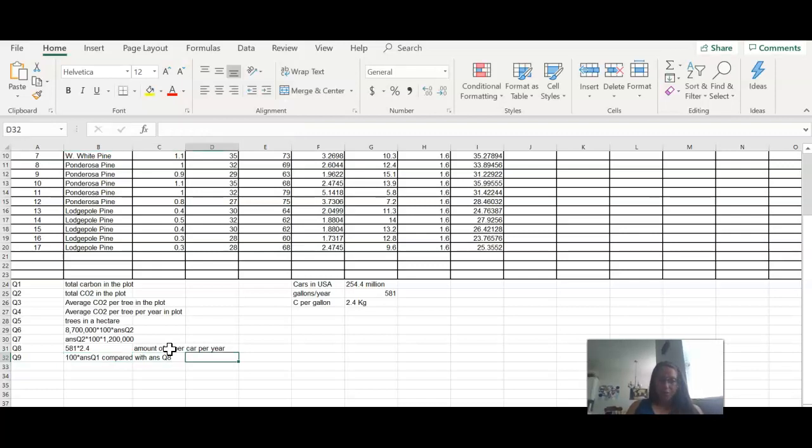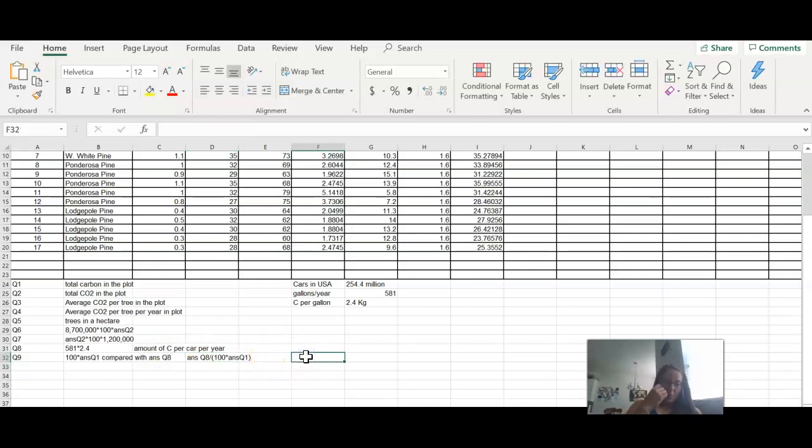So basically the operation would be to say, okay, the answer for question 8 has to be divided by whatever you get on the beginning part that I wrote there, and that will give you an X number.